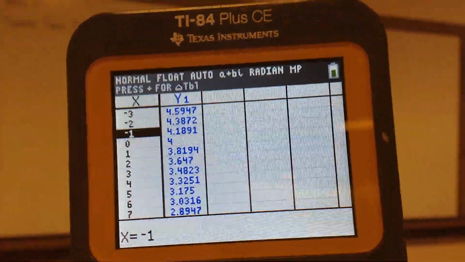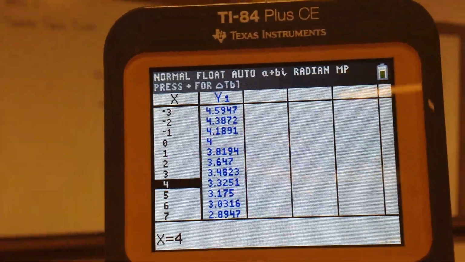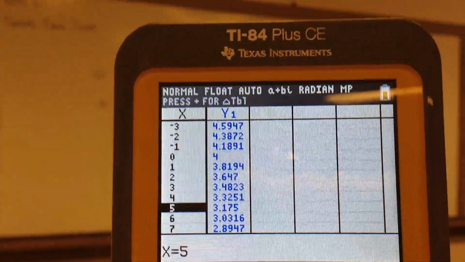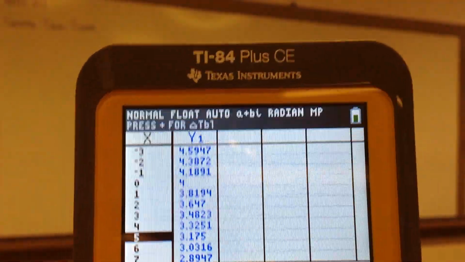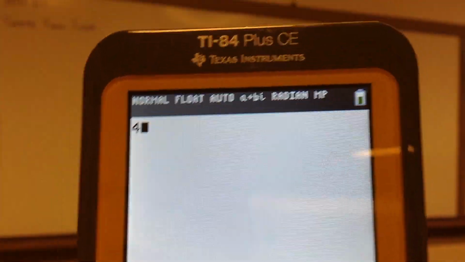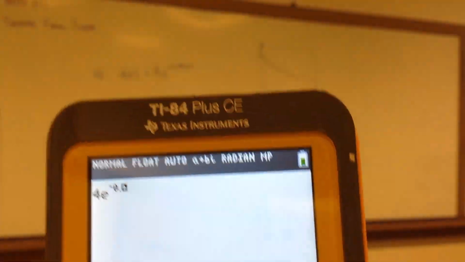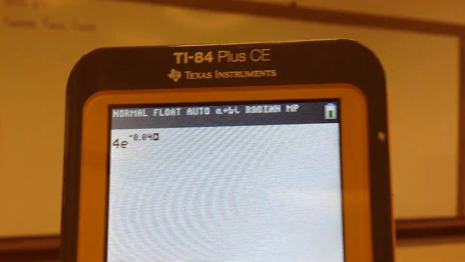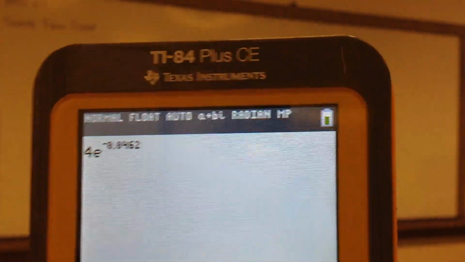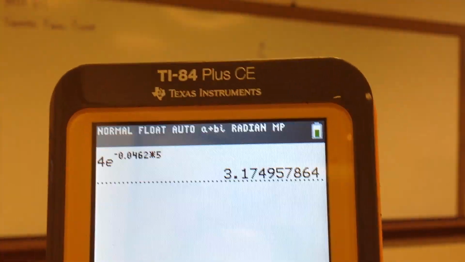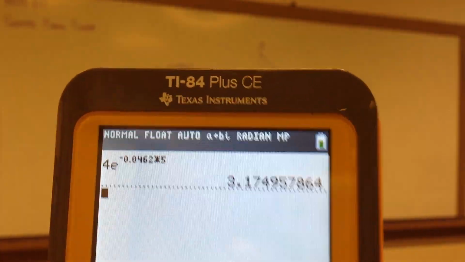We want to know what's going on at t equals 5. There it is, 3.175. You can also go to the calculation screen and just do 4e to the minus 0.0462 times 5. And there it is, 3.175 approximately.